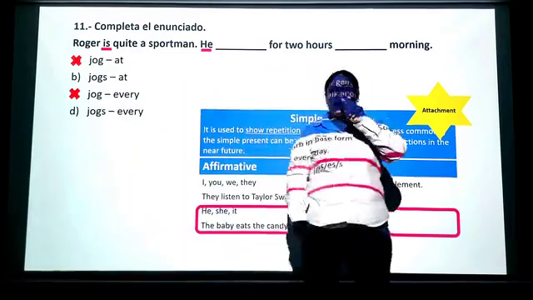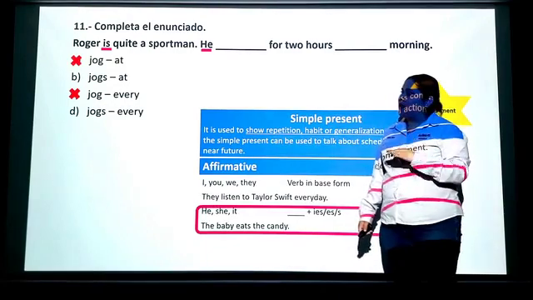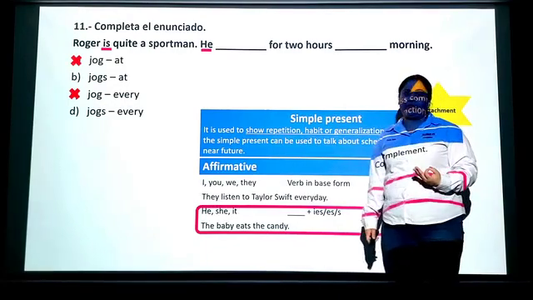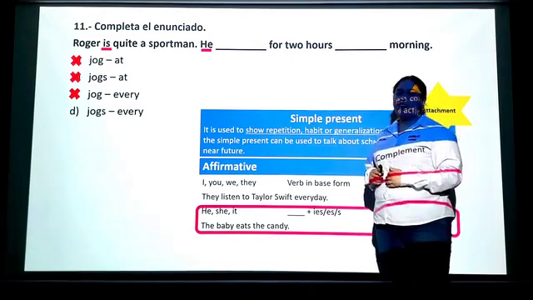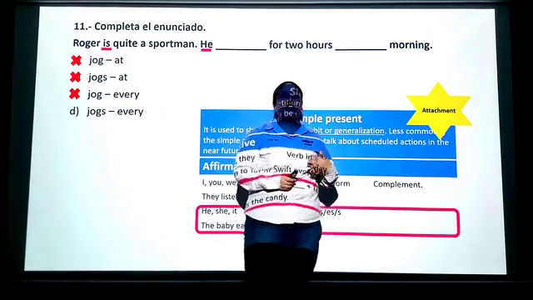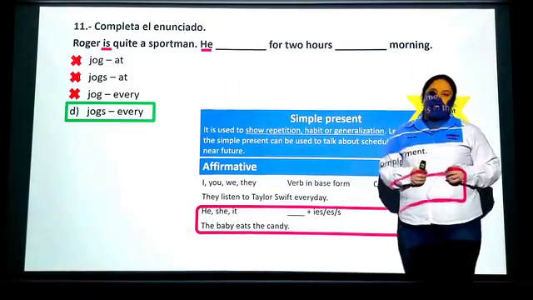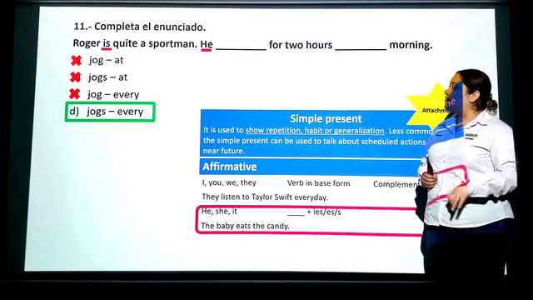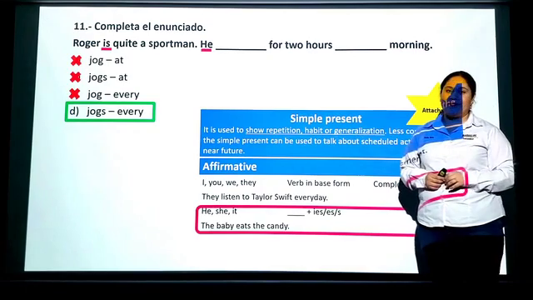Now we have two other options, and they are either B or D. Well, I am going to eliminate one, and it is B. This preposition is mostly used for places, for locations. So I'm going to use D. Roger is quite a sportsman. He jogs for 2 hours every morning.